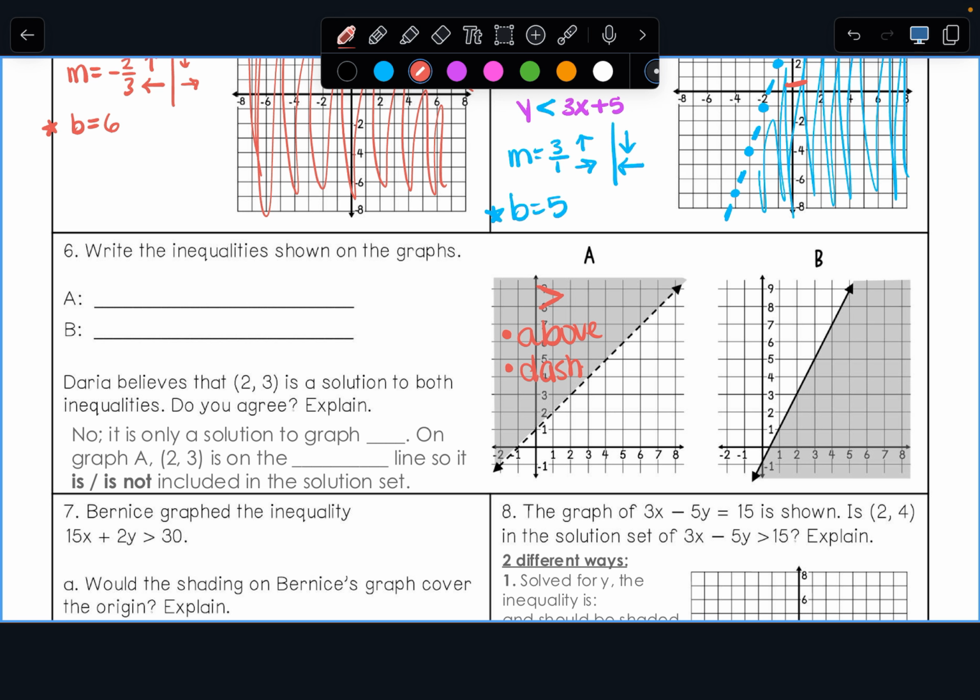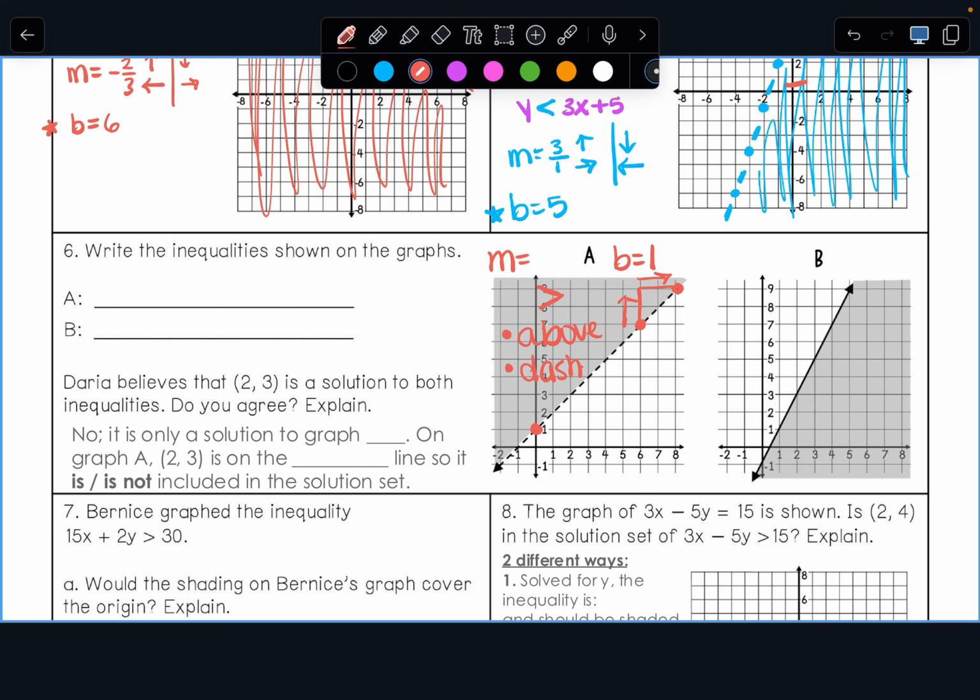Now, to write the equation of the line, we need two numbers. We need the slope, and we need the y-intercept. What is the y-intercept? Okay, we got that one. And now we need the slope. Draw your right triangle. Let's use 2 over 2, because some of us had trouble with 2 over 2 on one assignment.